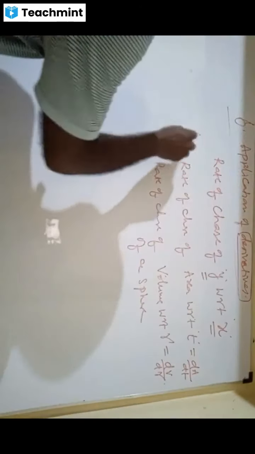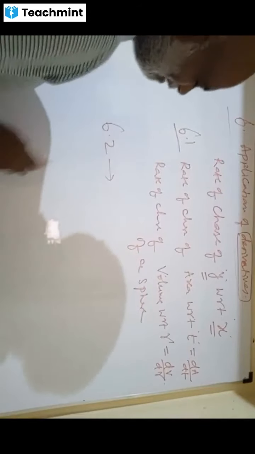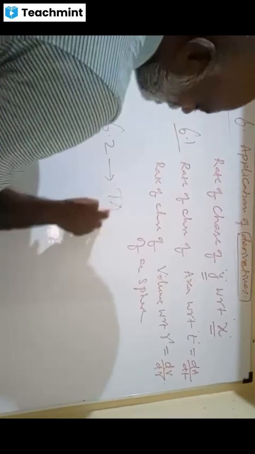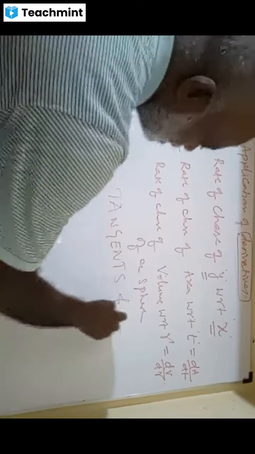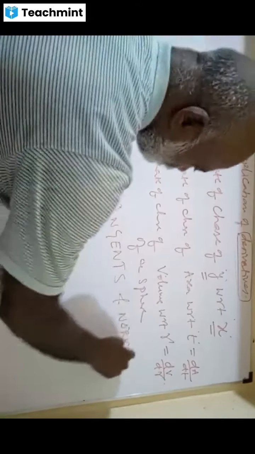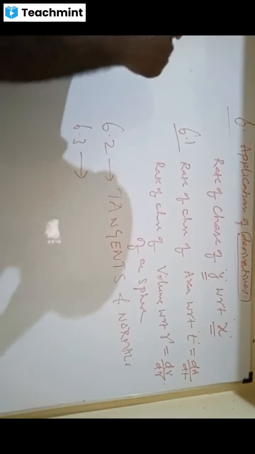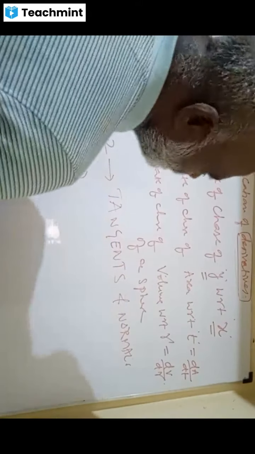6.1. Okay, so 6.1 is done. 6.2 is a very, very useful chapter called tangents and normals, my dears. Excellent chapter, tangents and normals. Another beautiful topic. 6.3, what is 6.3? Anybody?